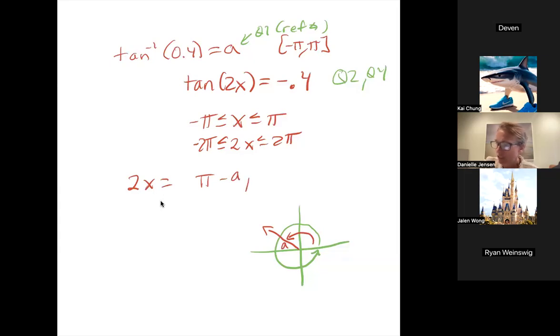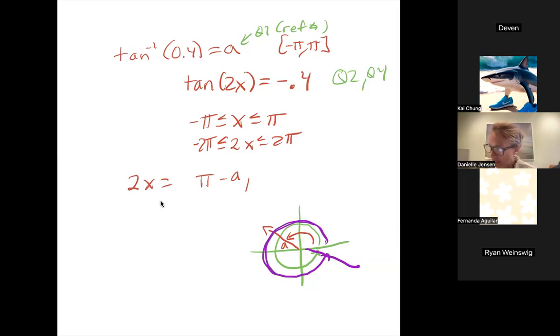Now let's do the quadrant four angle, the positive quadrant four angle between 0 and 2 pi. Between 0 and 2 pi? Yes. So what would this purple angle be? Remember, A is the reference. 2 pi minus A. Yeah, 2 pi minus A. Exactly. So that's in the positive direction.